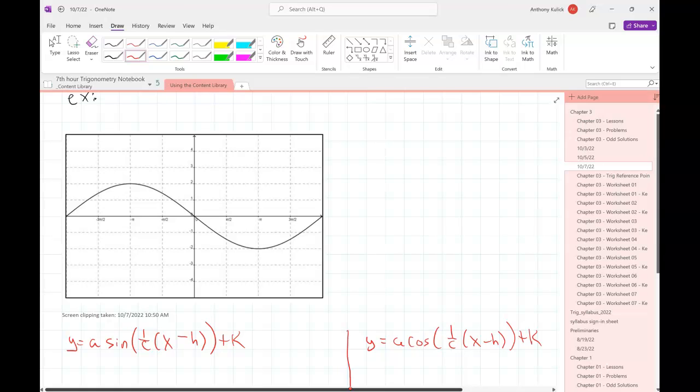Does anybody see where the midline is just by looking at our picture here? The x-axis, right? Y equals 0. Everybody agree with that? Where I have the same amount of graph above as I do below. And since the midline is y equals k, that tells me that the k is 0.